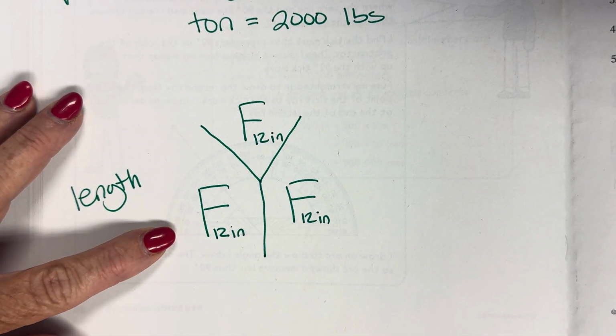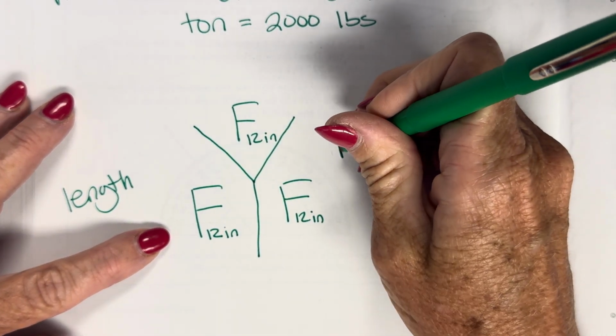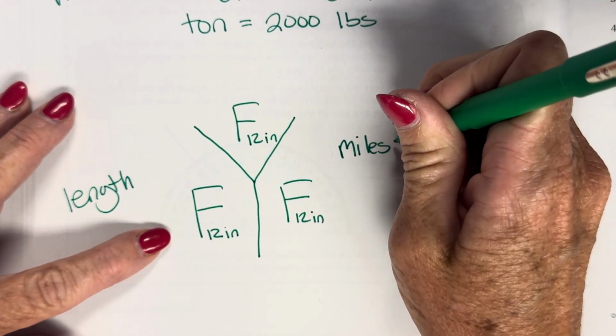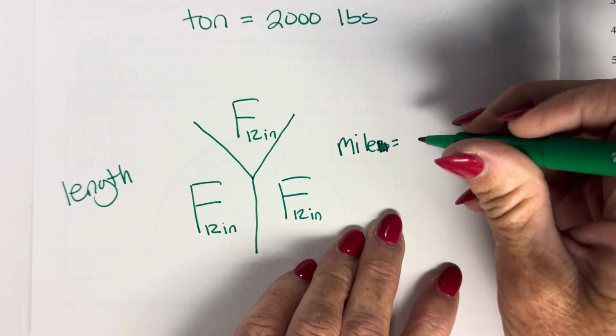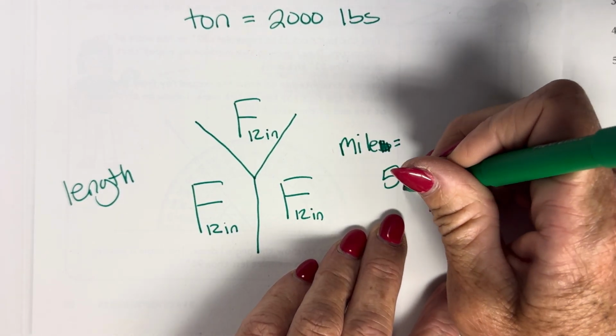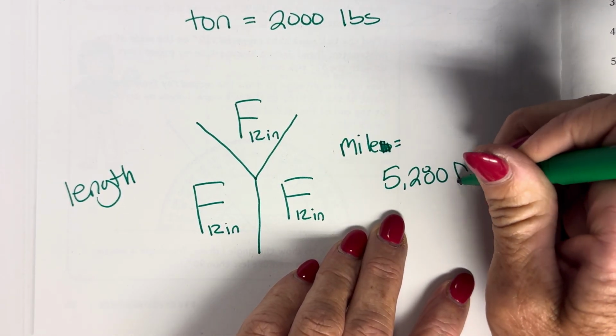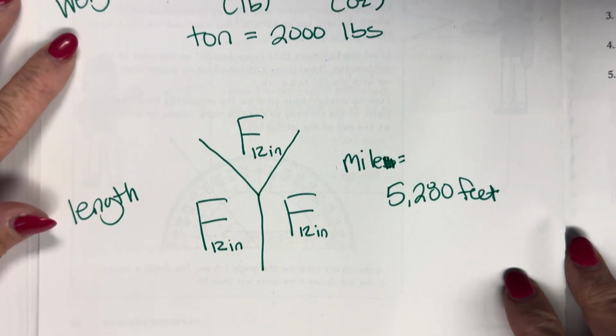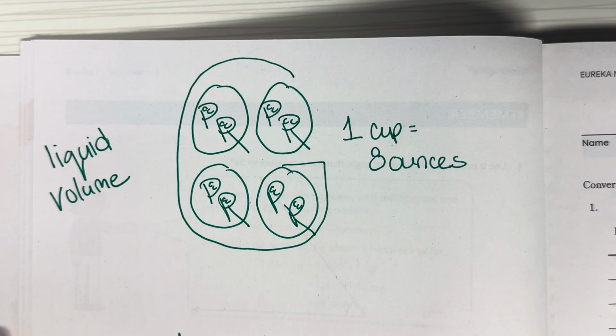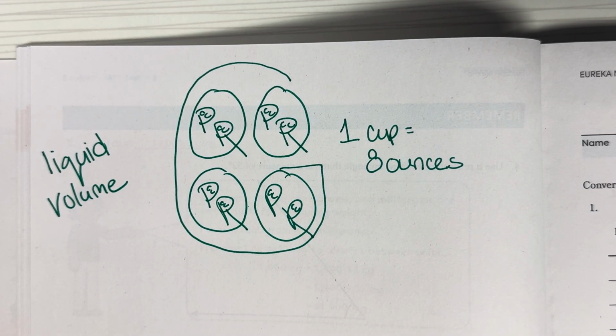And then we also in America have miles. And a mile, I should have put singular, I'm going to cross that off. 1 mile is equal to 5,280 feet.